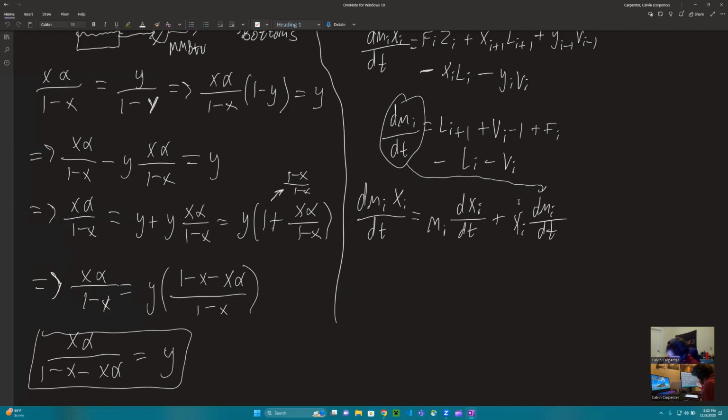So we can take this guy, plug that into here, and then rearrange it and divide by mi to isolate for dxi/dt. Basically, we're going to have d(mi xi), and we're going to do most of that in the code later on. But if we just visually isolate it now, we'll have minus xi dmi/dt, divided by mi, is equal to dxi/dt.